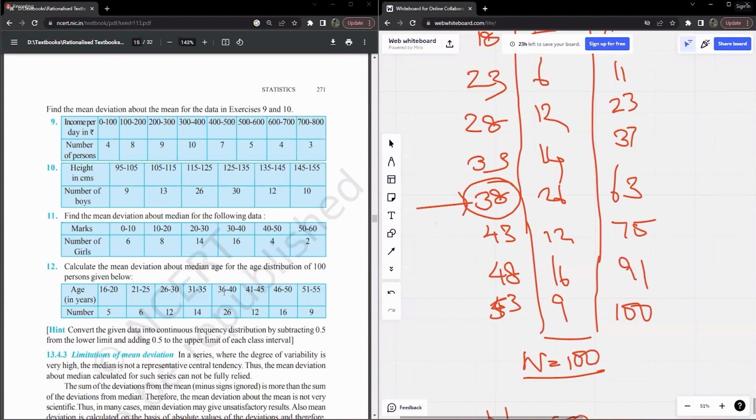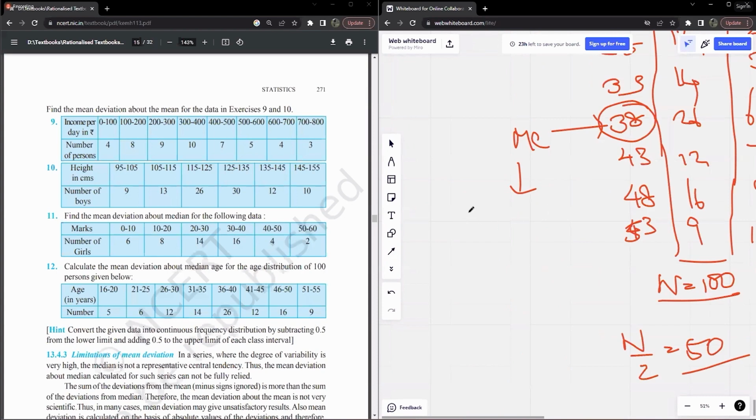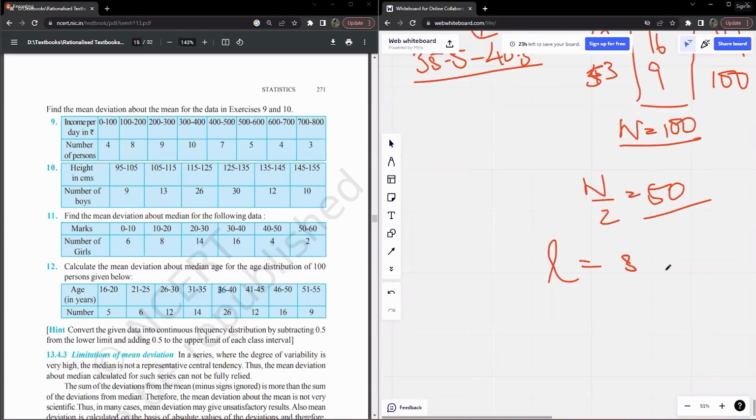Here you have to subtract 0.5 from the lower limit and add 0.5 to the upper limit. So the class is 35.5 to 40.5. It's not 36 to 40, it's 35.5 to 40.5. So you have the lower limit L to be 35.5, and the height h to be 5. So you can write your median as L plus (n by 2 minus CF) into h.